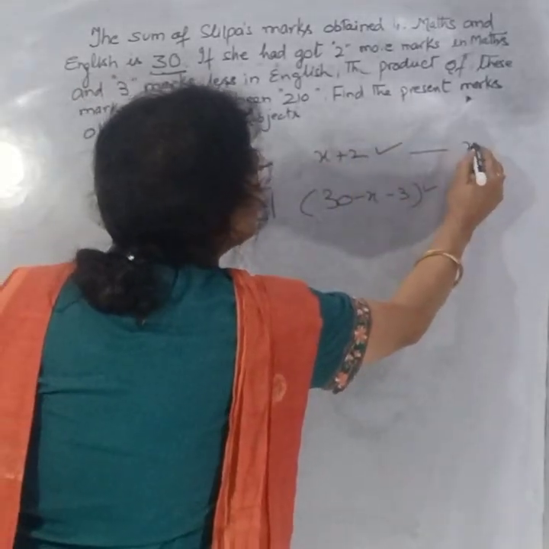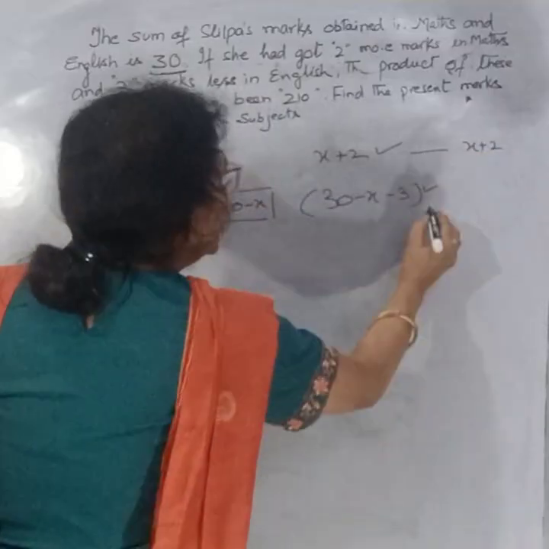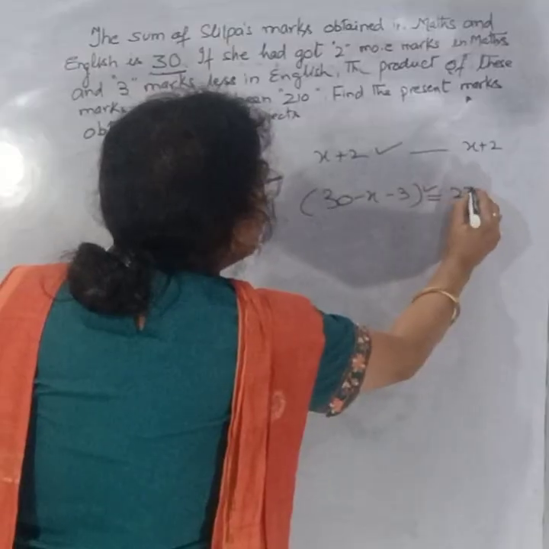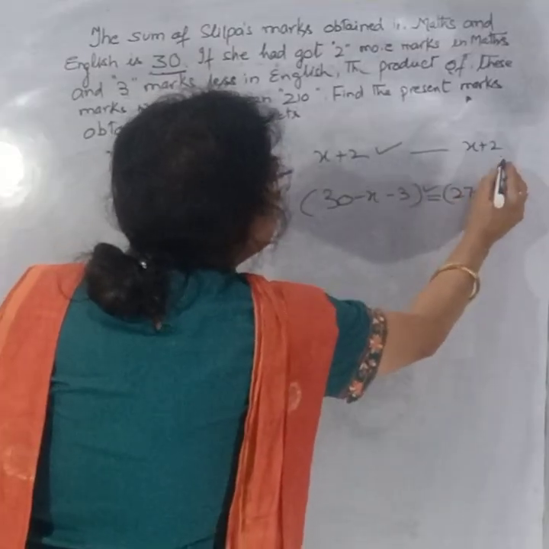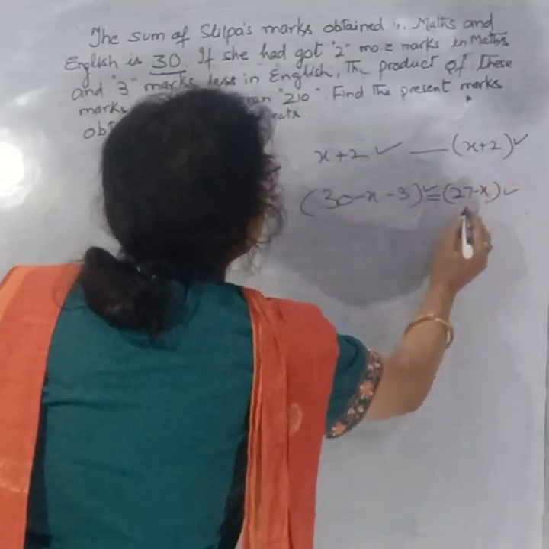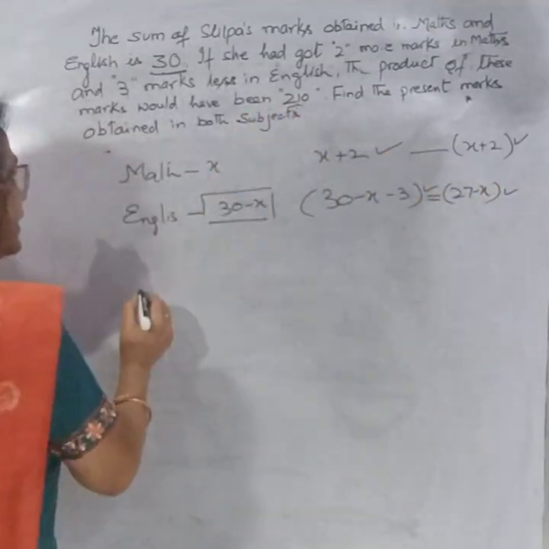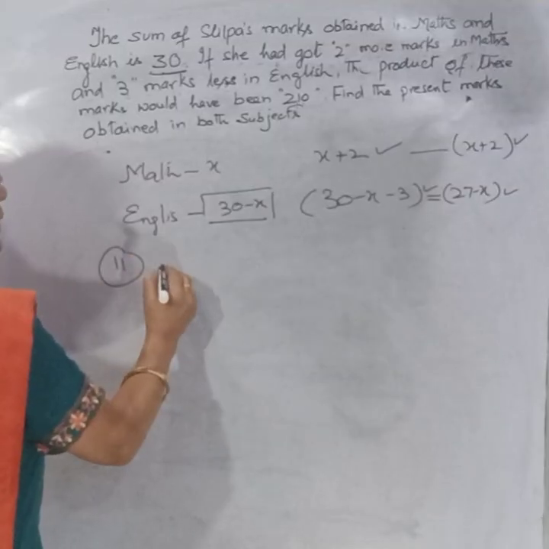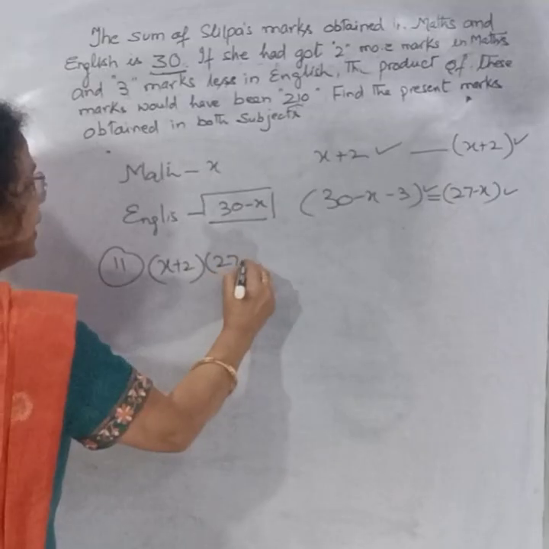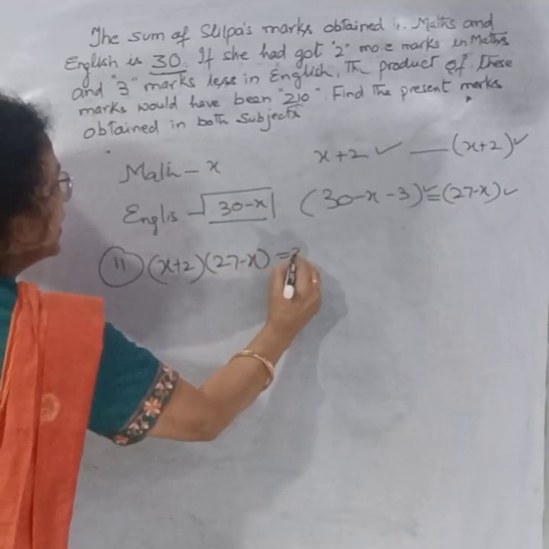This will be x plus 2 after adding 2, and this will be 27 minus x after subtracting 3. And the product of these two marks, the marks obtained in maths and the marks obtained in English, should be equal to 210. It means the second equation will be x plus 2 into 27 minus x equal to 210.